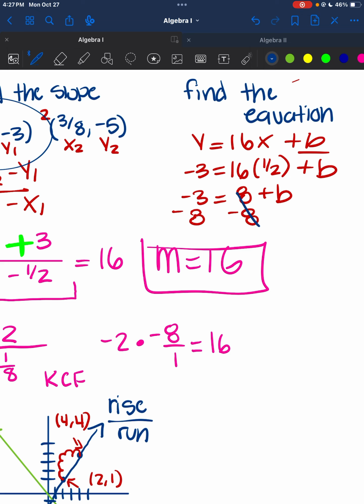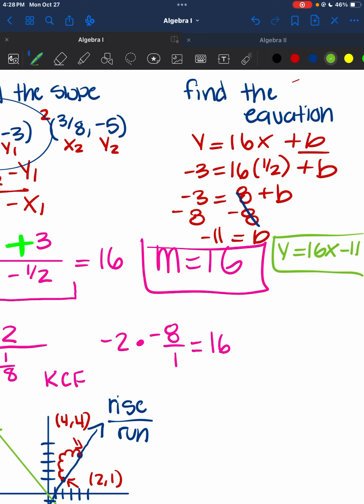Then I have -3 minus 8, so this is -11, and that is equal to my b. I'm not done yet. I solved for b, but I still need to put my equation together. So my final equation is y equals 16x minus 11. This would be my final answer.